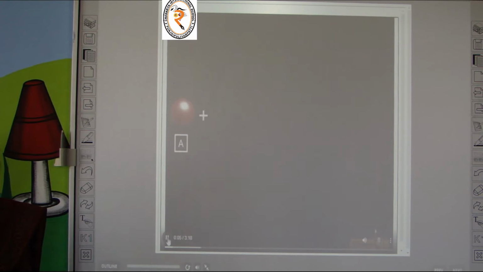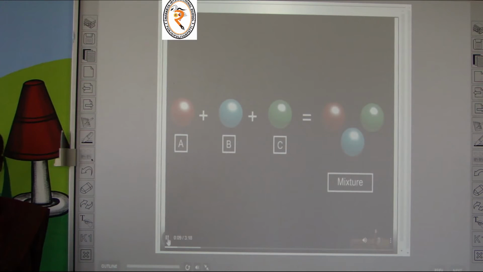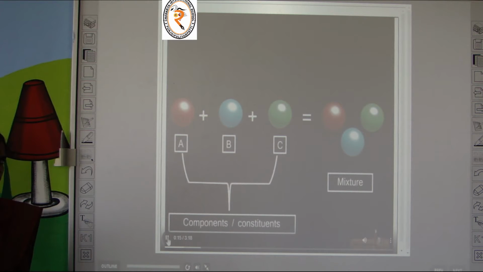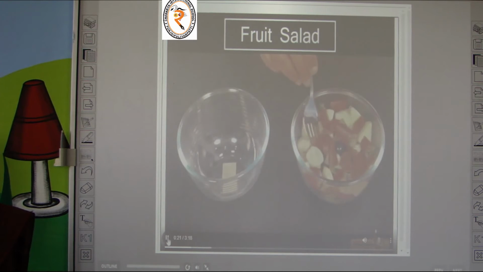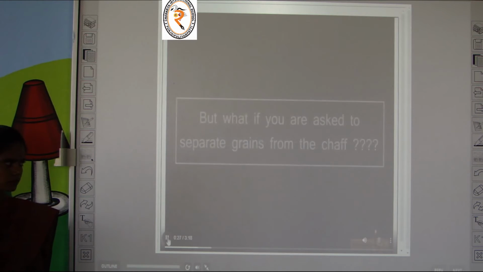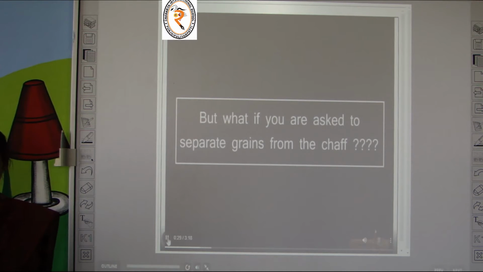A mixture is made up of two or more substances which are mixed but not chemically united. Different substances that constitute a mixture are called constituents or components of a mixture. Fruit salad is a mixture of different fruits. You can pick the fruit of your choice very easily from the fruit salad. But what if you are asked to separate grains from the chaff?